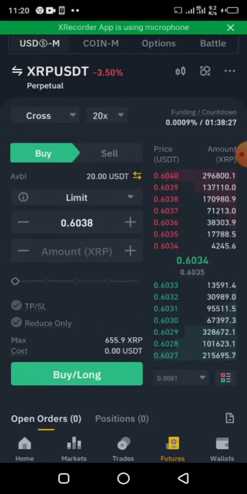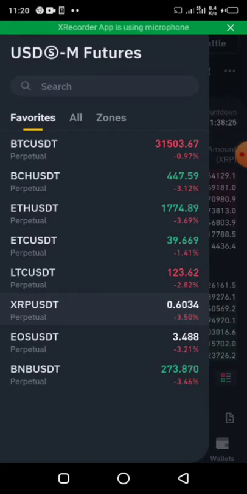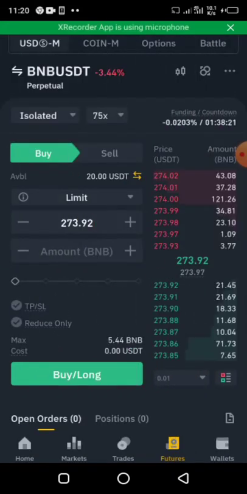So let's quickly go through this coin, for example, BNB, BNBUSDT. Look at BNB presently. The value of BNB presently is 273.82. If you click on this, in front of this BNBUSDT, you will see two bars there. These two bars are the candlestick pattern.